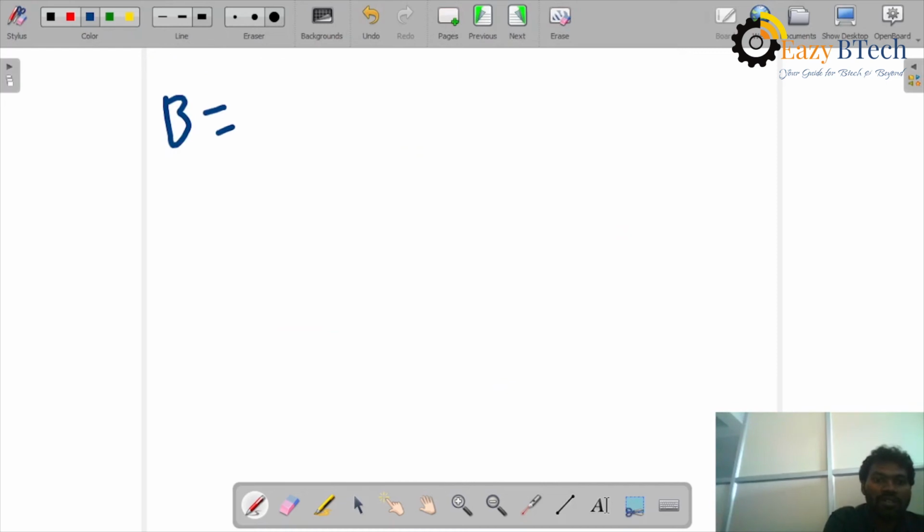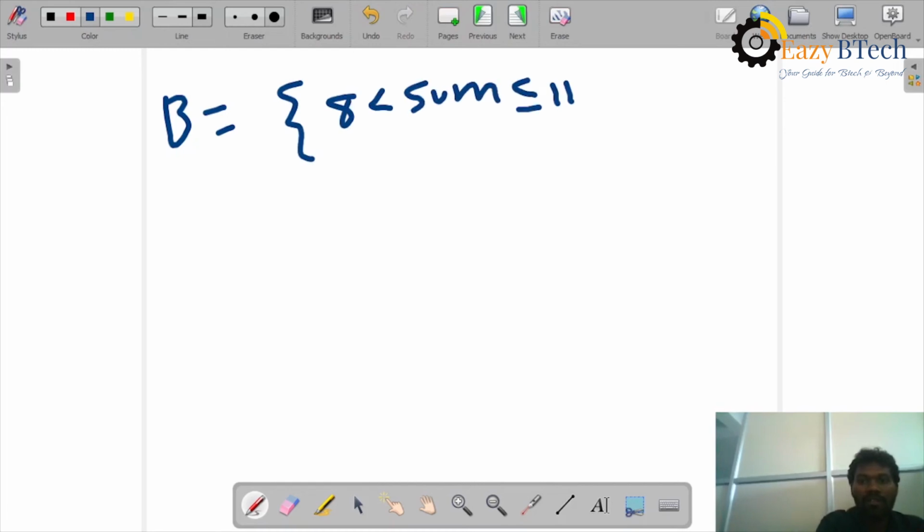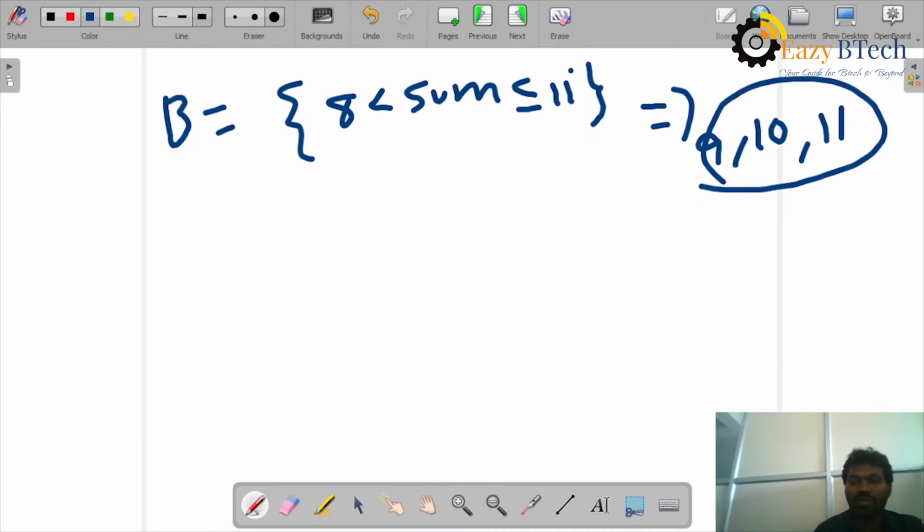Now for the event B, again I have to find out the probability. B means 8 less than sum less than or equal to 11, so you should exclude 8 here. I can change this event into: I want to get 9, 10 and 11 when two dice are rolling.